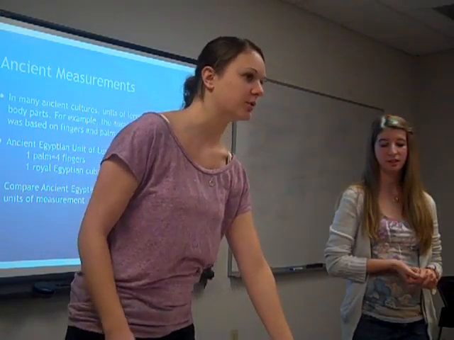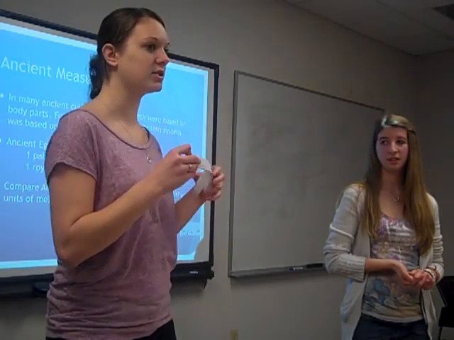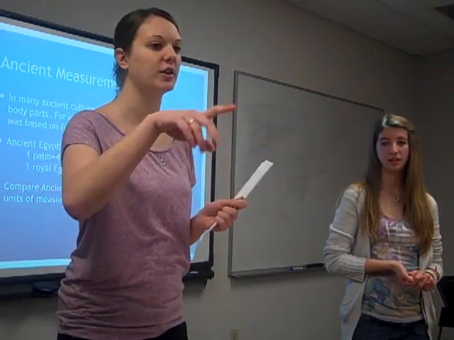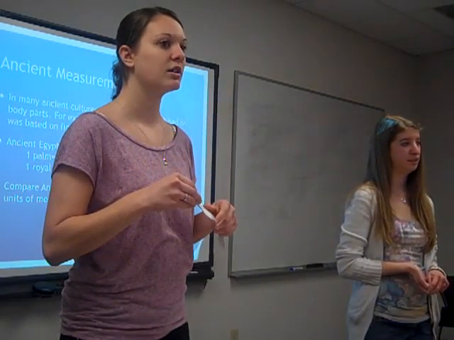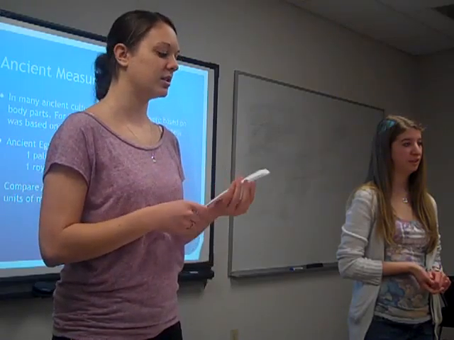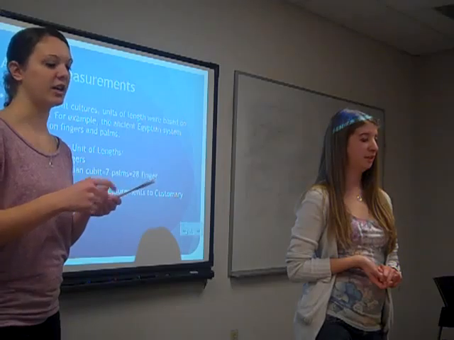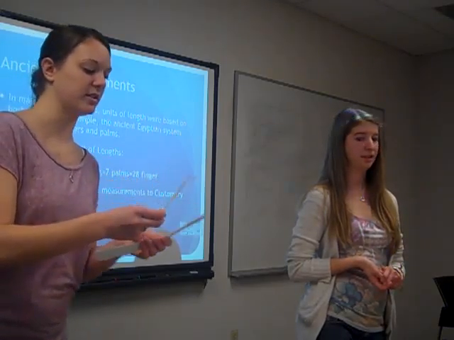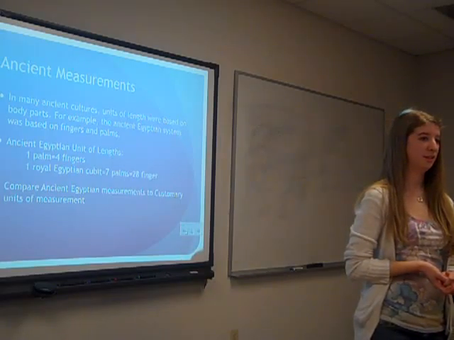Then we have metric rulers. The metric system uses the meter, as we said. So if you look on the other side of your inch ruler, what's on the other side? Centimeters. Centimeters are part of the metric system. You can see it better if I give you a metric ruler.